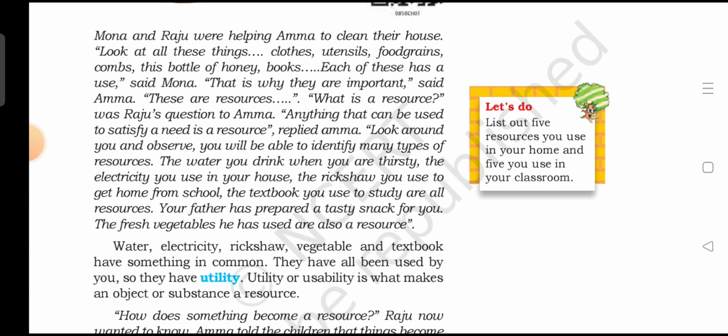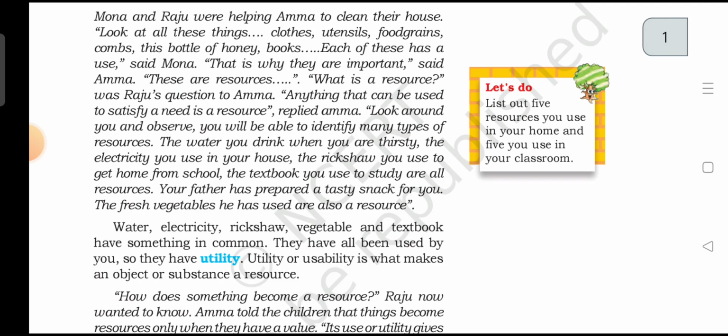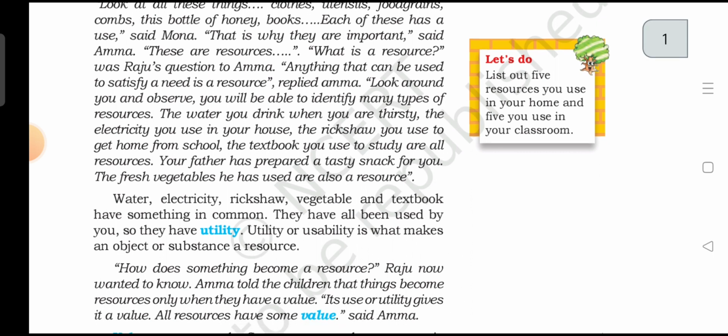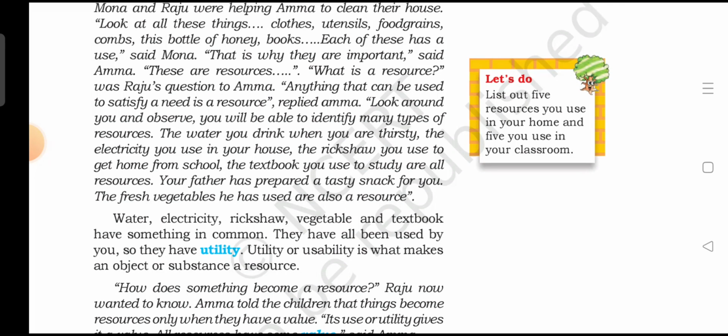Then utensils are something in which you eat or keep something related to liquid, right? Then food grains are the grains which are used to make food. Then comb is used to comb your hair. And the bottle of honey, sometimes you eat it regularly, one teaspoon, right? And books are something which we read.